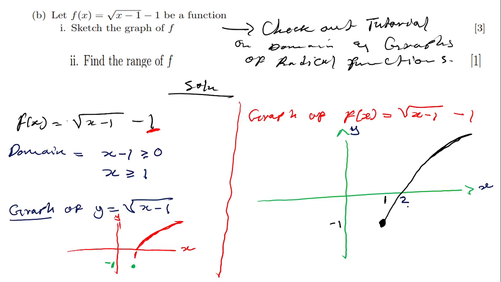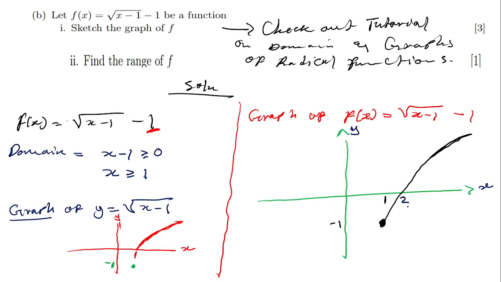After you do that, you can now look for the range. If you check, there was a question we solved from this same paper which had a 1 mark, and that means that your answer should simply come from the graph.